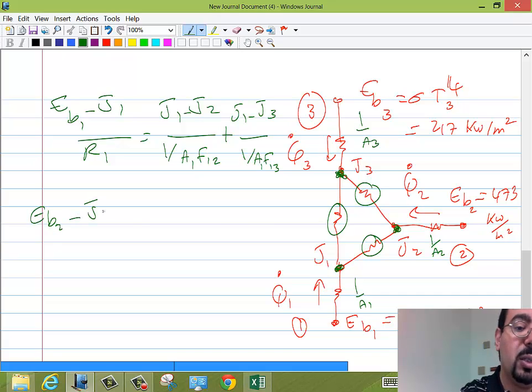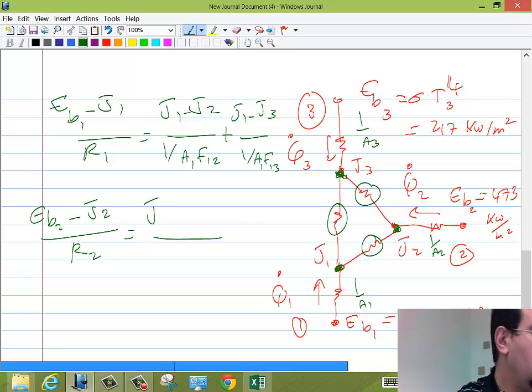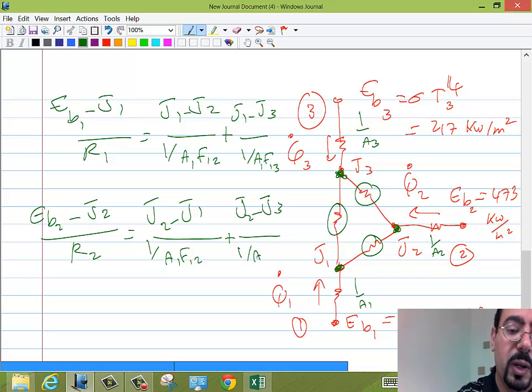EB2 minus J2 over R2, that's the radiation leaving surface 2, equal to J2 minus J1 over 1 over area 1 F12 plus J2 minus J3 over 1 over area 2 F23.